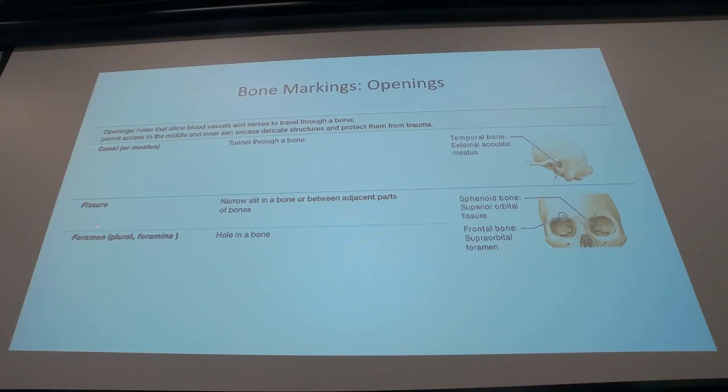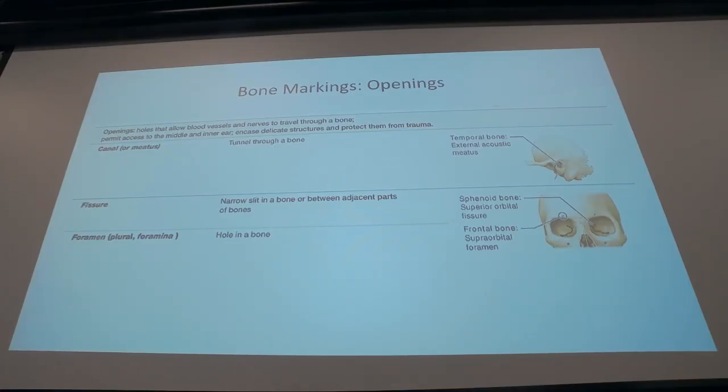Now, fissures are narrow slits in a bone, so with jagged edges, and they can be formed by a single bone or by a combination of different bones. We have, for instance, fissures in the orbit. The orbit, remember, is the area that is by our eyes.